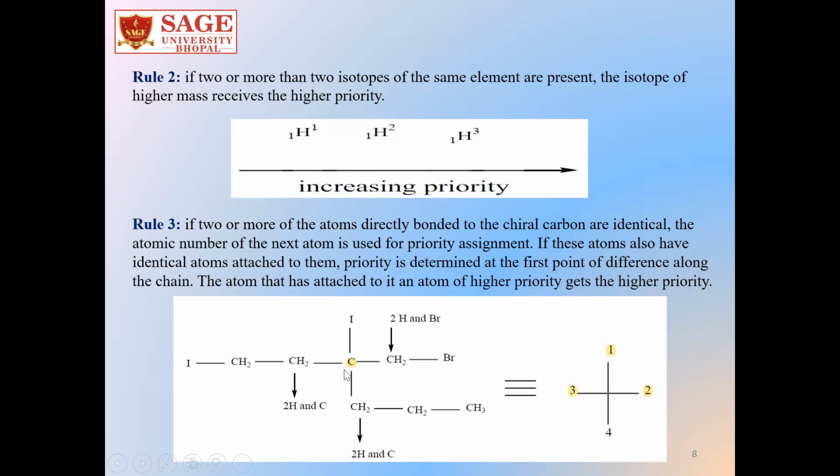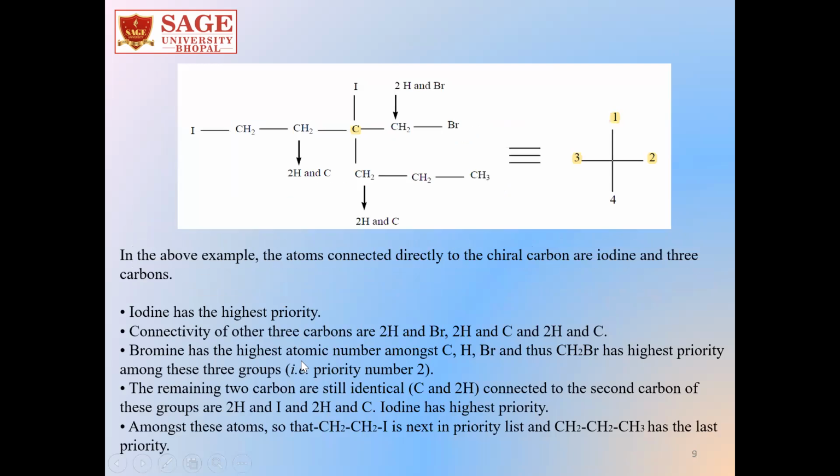Here we can see this carbon atom is the chiral carbon. Here one group is iodine, so it has been given priority number 1. But in the other positions, we can see it is attached to carbon atoms. For all 3, these are attached to carbon atoms. So we have to see the groups with which these carbons are attached.